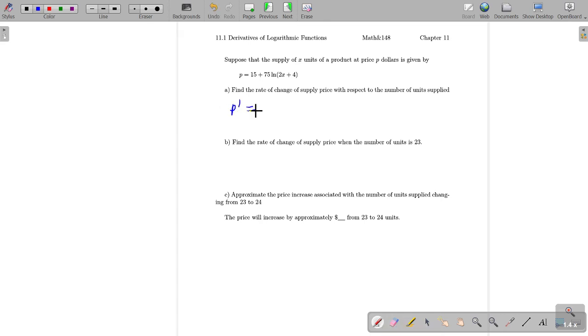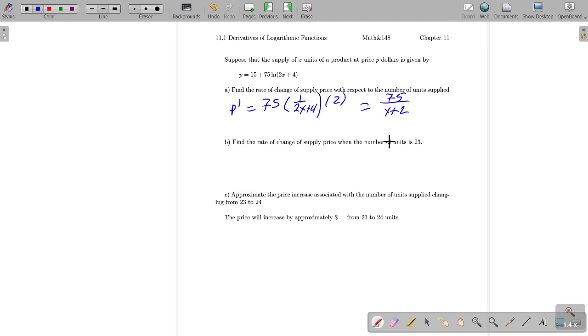So p prime: the derivative of 15 is 0. So that gets me 75 times 1 over 2x plus 4, chain rule times 2. And I can simplify that by reducing the denominator, so that would be 75 over x plus 2.